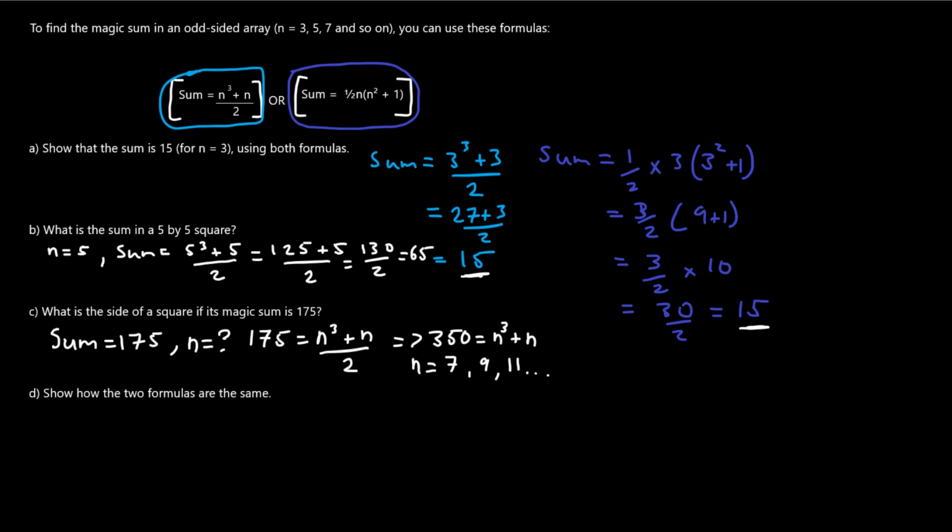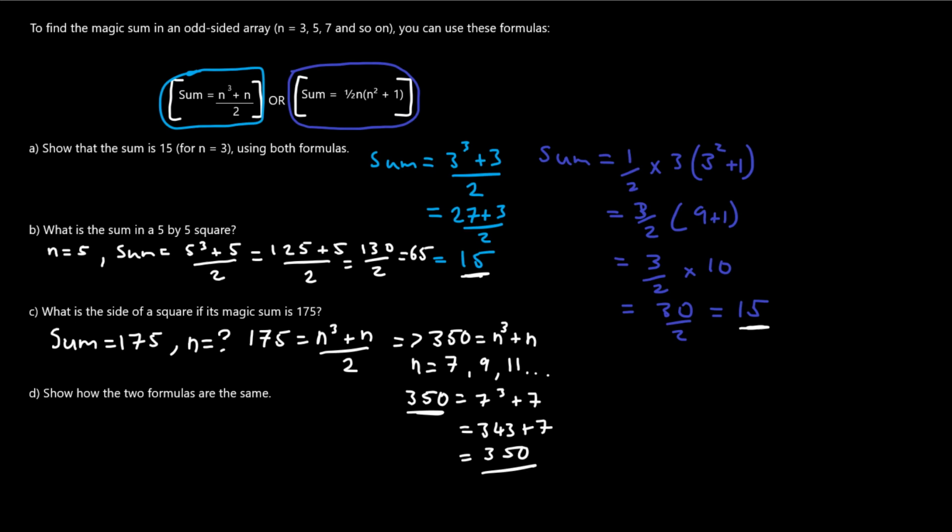Let's try n equals 7 to see if that works here. So 350 equals 7 cubed plus 7. What is 7 cubed? 7 to the power of 3. That's just going to be 343 plus 7. This is looking pretty good. 350.